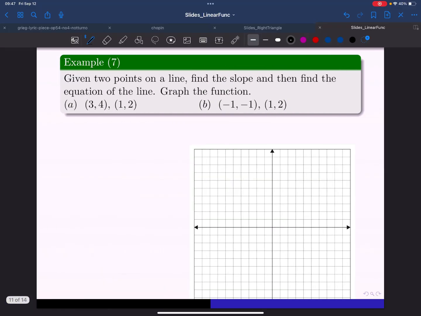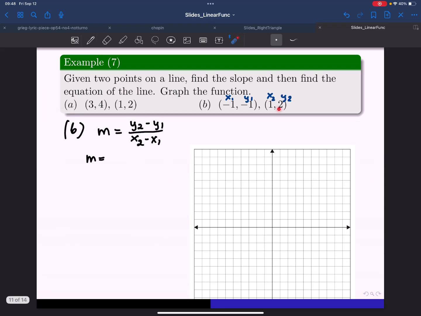Exactly the same way we will do part B. So for part B, the slope is equal to y2 minus y1 divided by x2 minus x1. This point has coordinates x1, y1, the second point x2, y2, those two given points. So now we substitute into the equation.